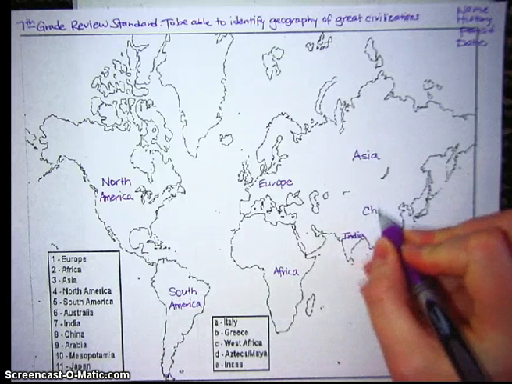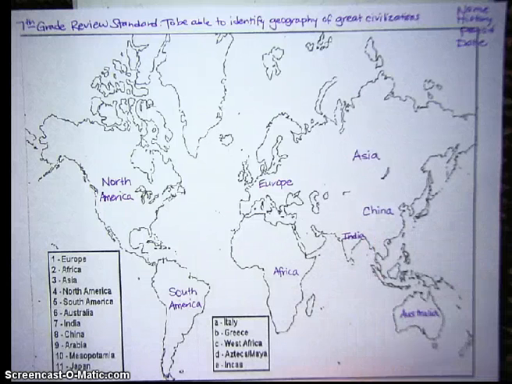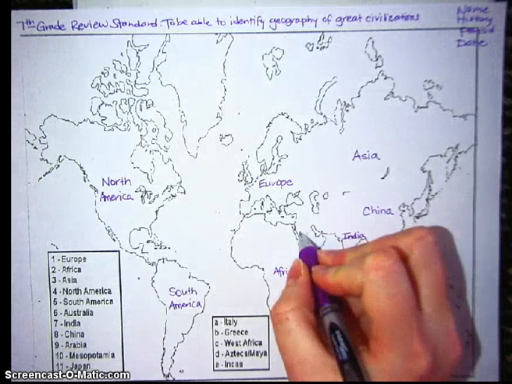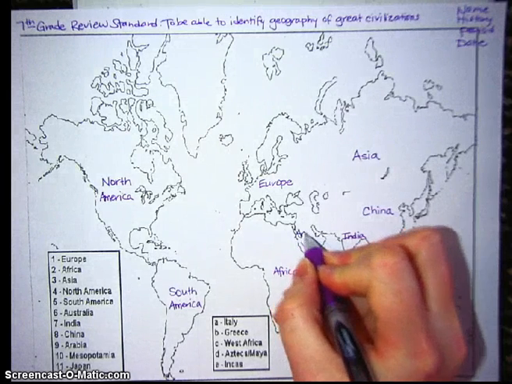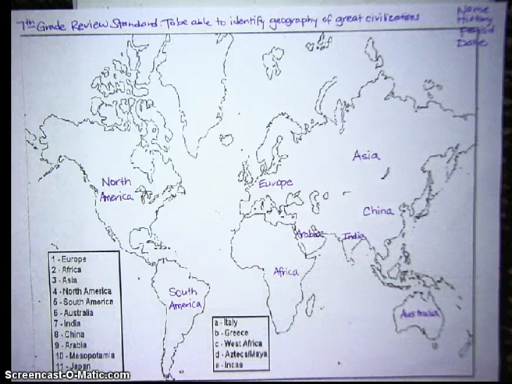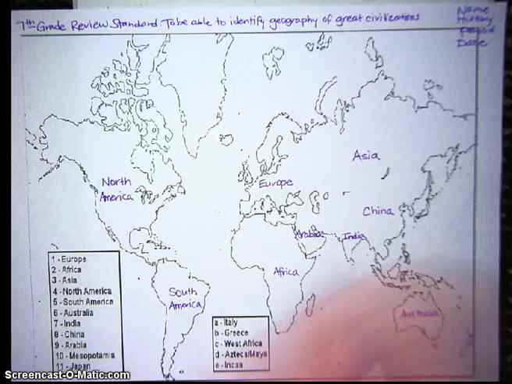China is over here. 9 is Arabia. Arabia is right through here. So I'm going to actually cross a couple of things and just write it right through there. Arabia. 10 is where Mesopotamia was.